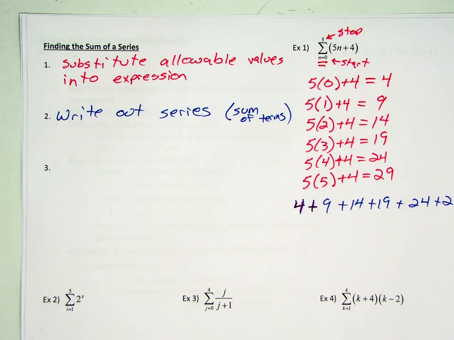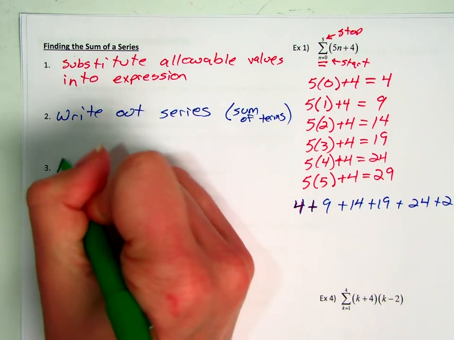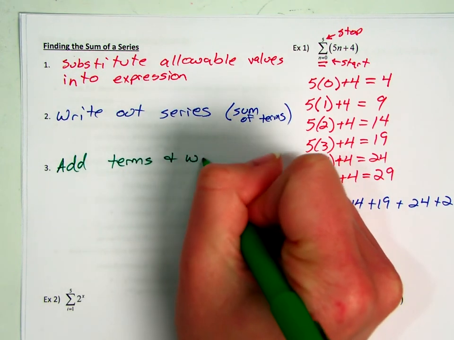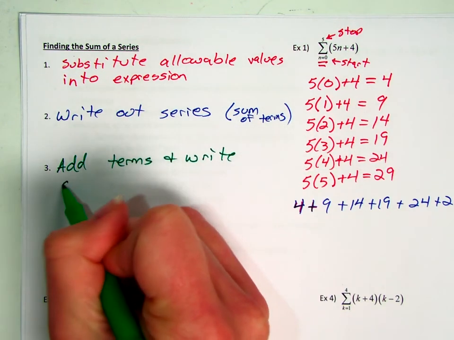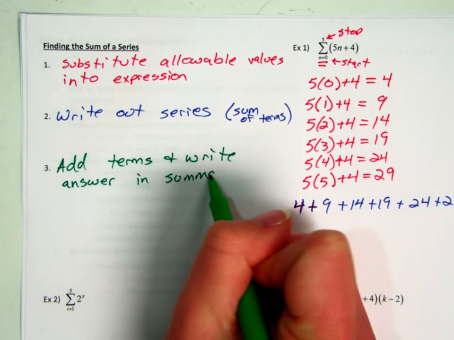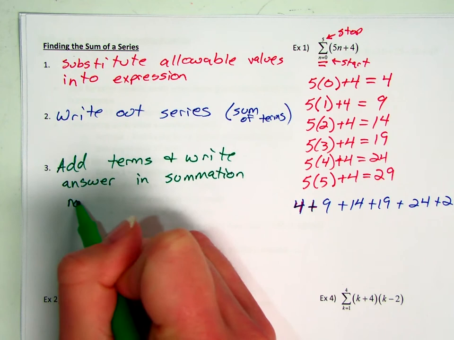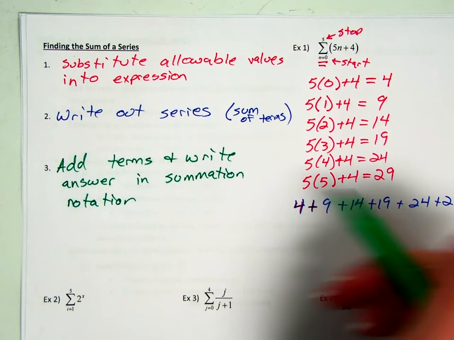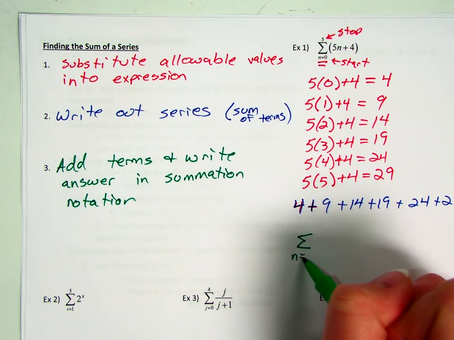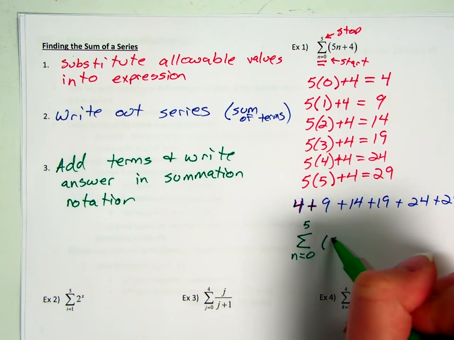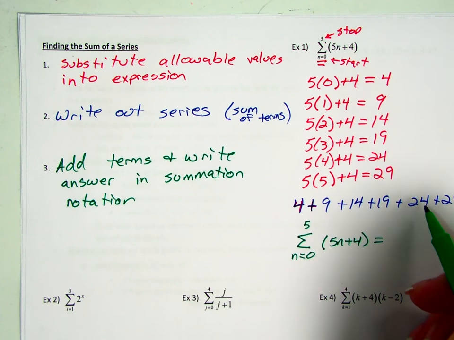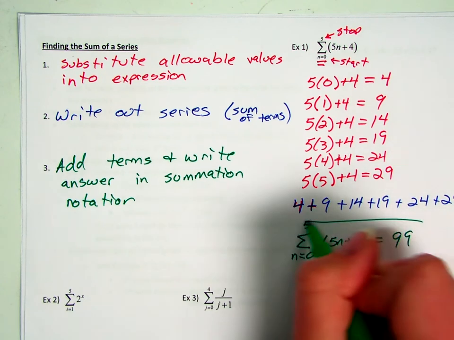And then our last step is to actually add terms and write the answer in summation notation. So I would say the summation from n equals 0 to 5 of 5n plus 4 is, when I typed that in my calculator, I ended up getting 99.